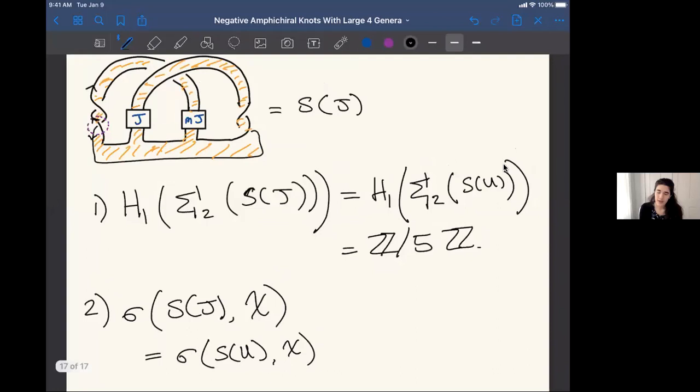So it's plus the signature of J at, here I'm choosing omega_5 to be the first fifth root of unity. And then we get a term coming from the mirror image of J, twice that.